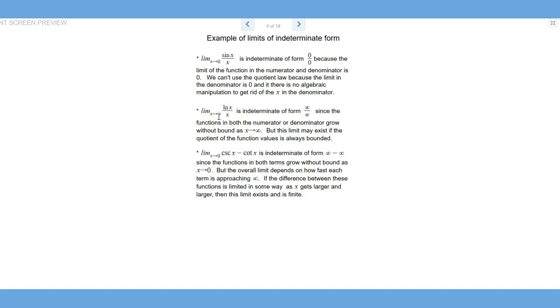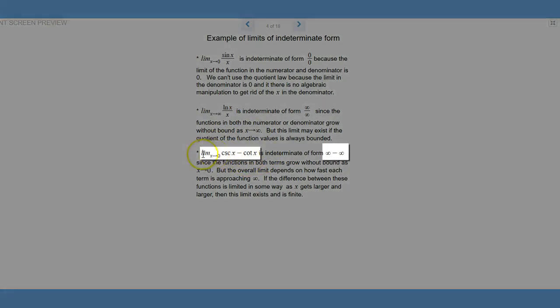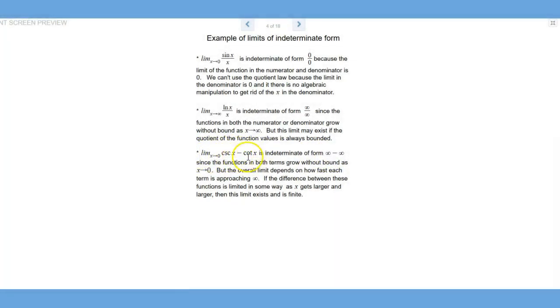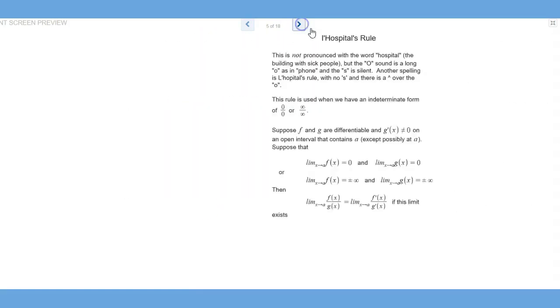Another example of the form infinity minus infinity would be this limit. We're going to take a look at using L'Hopital's rule on limits like that.